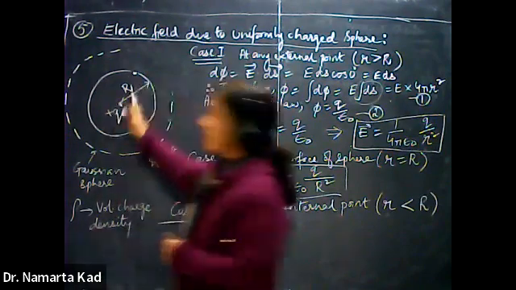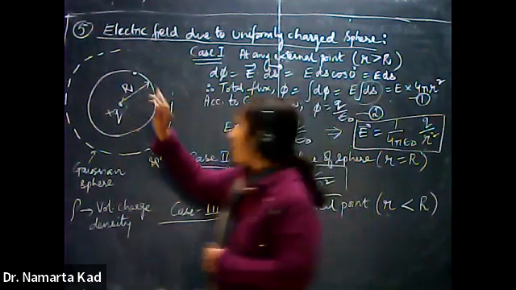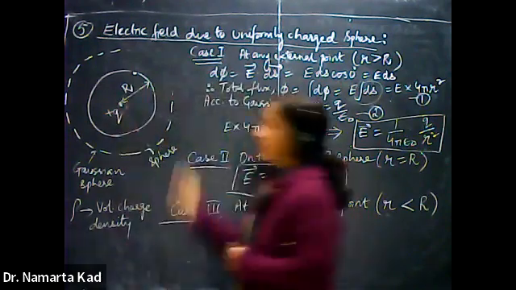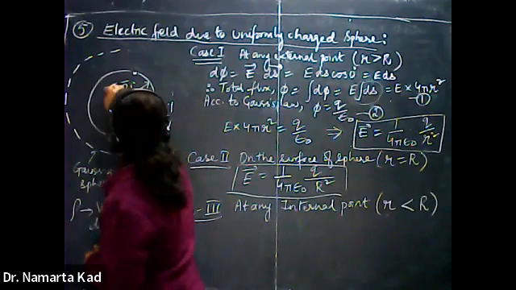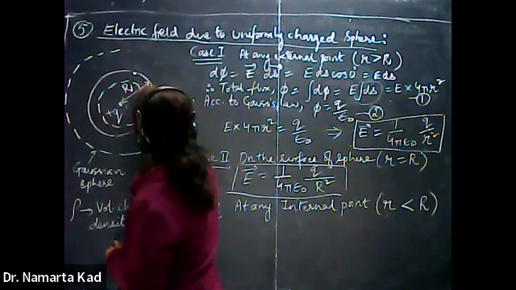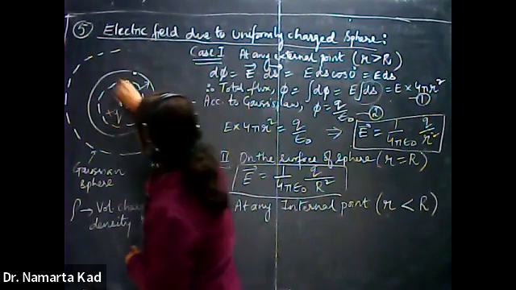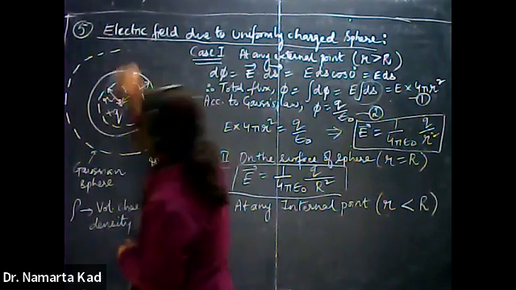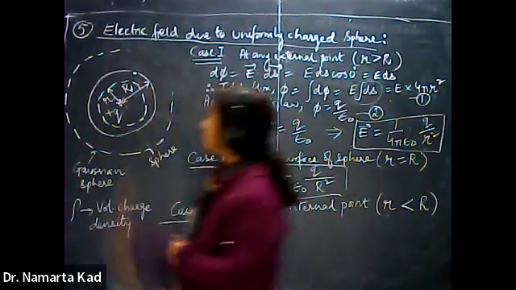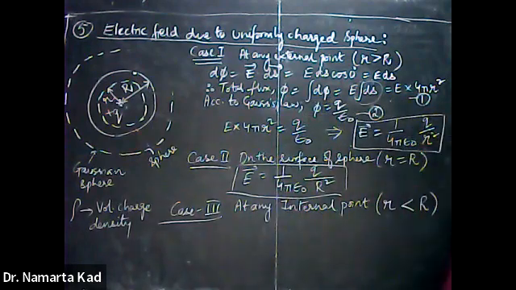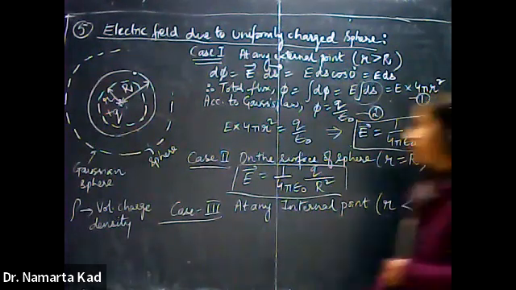So now this is my main sphere with the radius R, and I have to take any point internal to this sphere. So I am again drawing another sphere here, and the radius of this sphere is small r. And the complete radius of the actual sphere is capital R. Here small r is less than capital R. So here again, E vector and ds vector are pointing outwards.